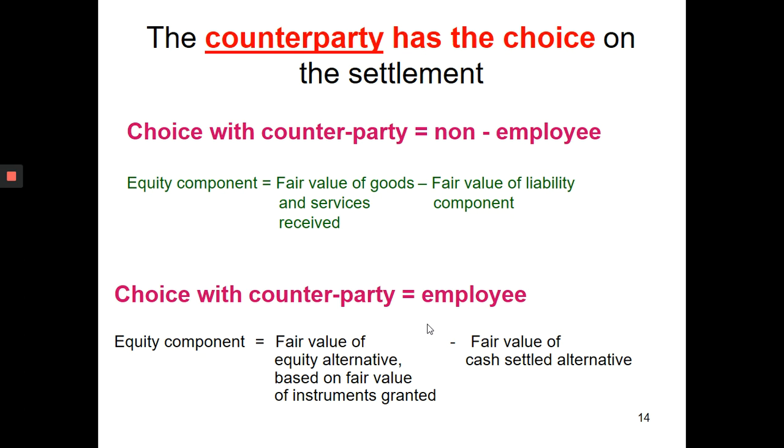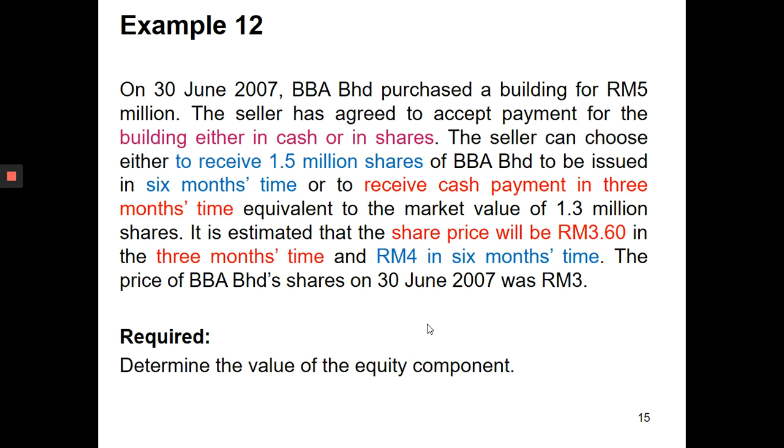Whereas for choice with counterparty where the counterparty is an employee, it will be the fair value of the equity alternative based on the fair value of the instrument minus the fair value of the cash settle alternative. So you keep this formula. You can come and refer back to this when you look at the example.